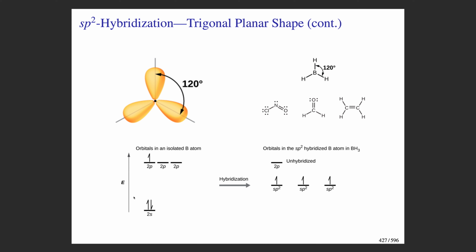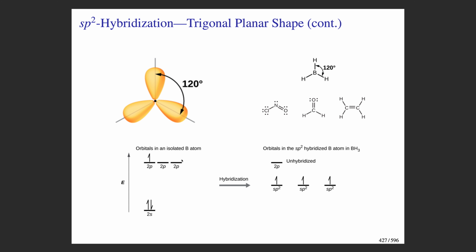So we'll look at boron. Here's the atomic energy level diagram for boron. Boron has three valence electrons. Two of them are in the 2s and one of them is in the 2p. What we're going to do is we'll take the 2s, and now we're going to take two of those 2p atomic orbitals, and we're going to combine them in different ways to make the three equivalent sp² hybrid orbitals.